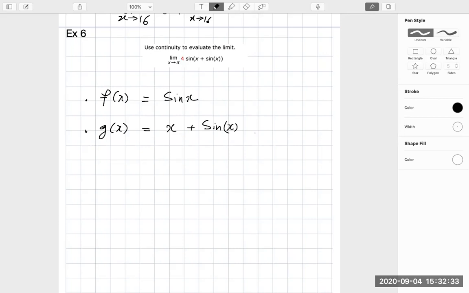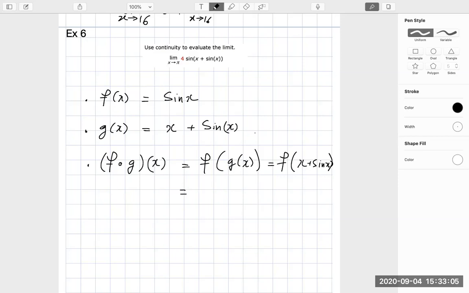Therefore, we see that f composite g applied to x would be, let me write it slowly, f of g of x, and g of x is x plus sine of x, right? Therefore, f of that input, it becomes sine of x plus sine of x here.